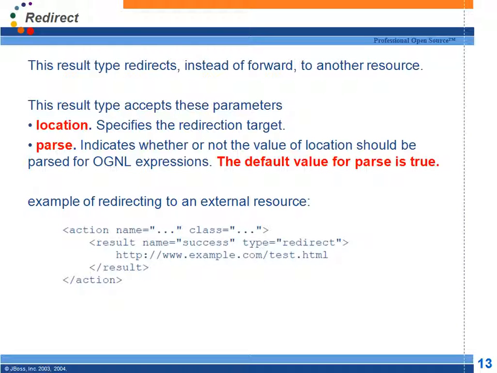And this is the use of redirect. See here, type is equal to redirect. You want to redirect from one action to another. Type is equal to redirect, and you are giving the URL. So whenever you give a request to this action, it will redirect it.